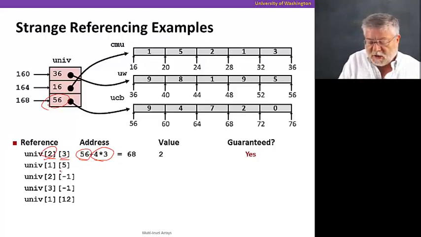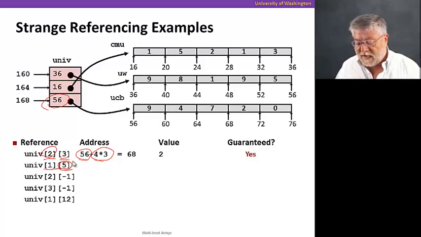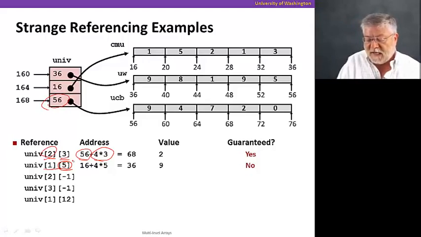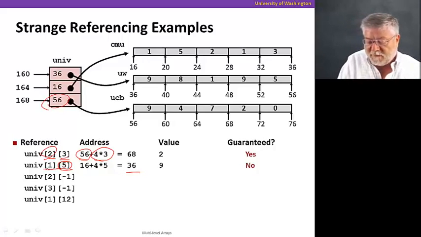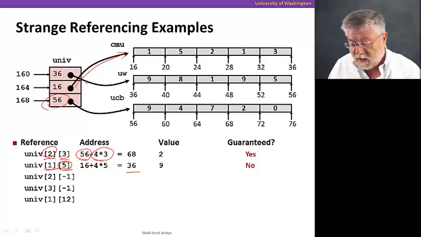And that is absolutely guaranteed to always be the right answer because we're doing the right thing here. Let's look at a case where we use an index that's a little off, this 1, 5. Okay, in this case the same address computation is done. This time we yield an address of 36, which is not part of the one-dimensional array we were really going after. We were going after the second element of the univ array, which should have been to the start of the CMU array.